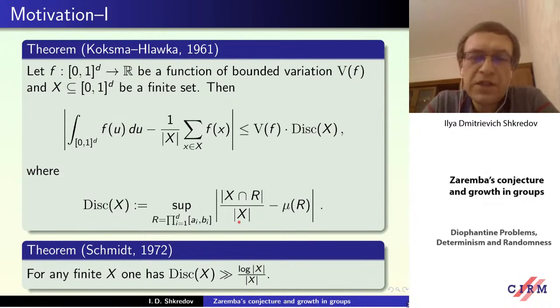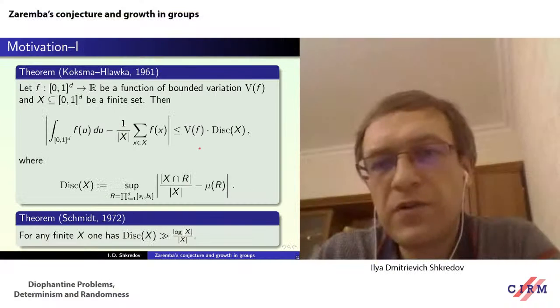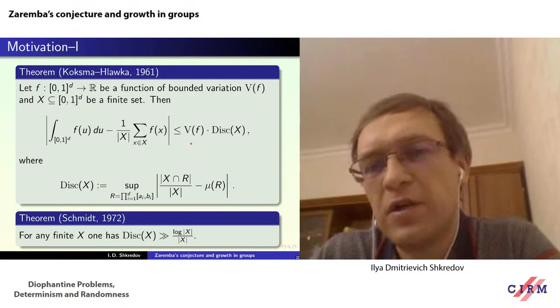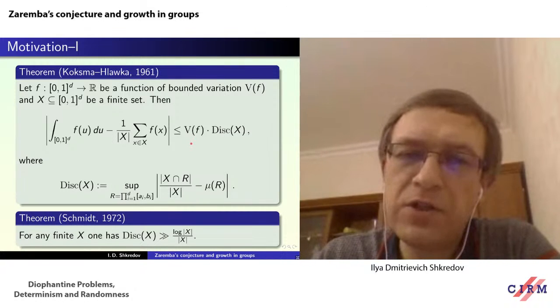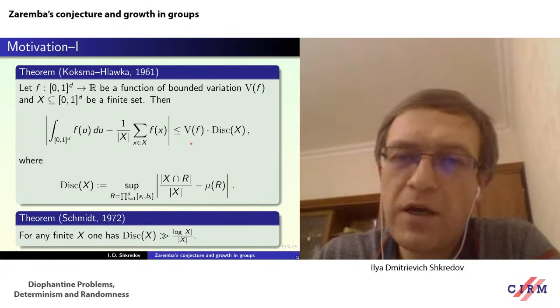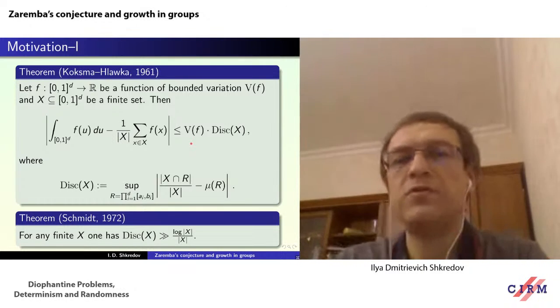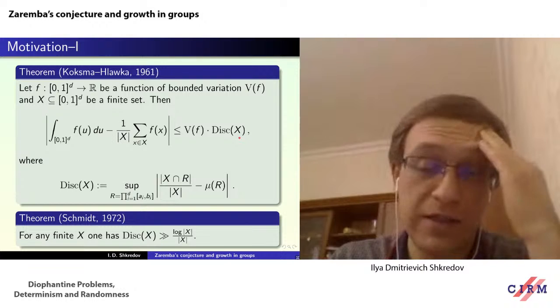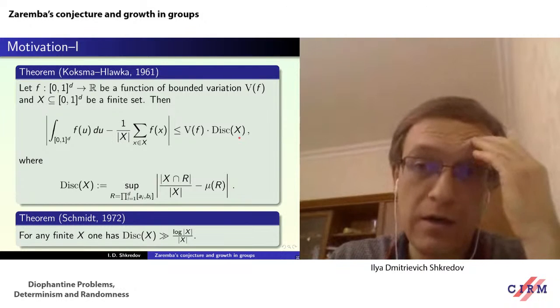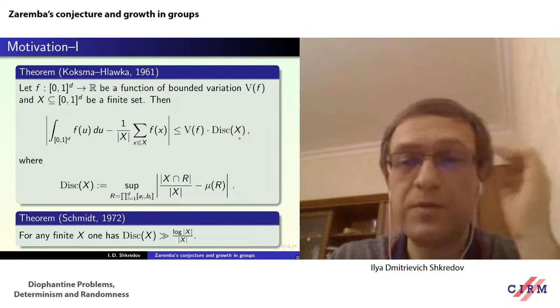So it's a classical inequality. The ratio depends on the function. We have no influence on this parameter. But the real question here is how to find this set X with small discrepancy.